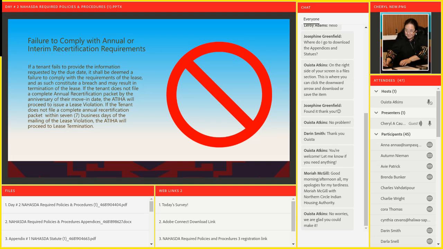So, failure to comply with annual interim recertification requirements: if a tenant fails to provide the information requested by the due date, it shall be deemed a failure to comply with the requirements of the lease, and as such constitutes a breach and may result in the termination of the lease.